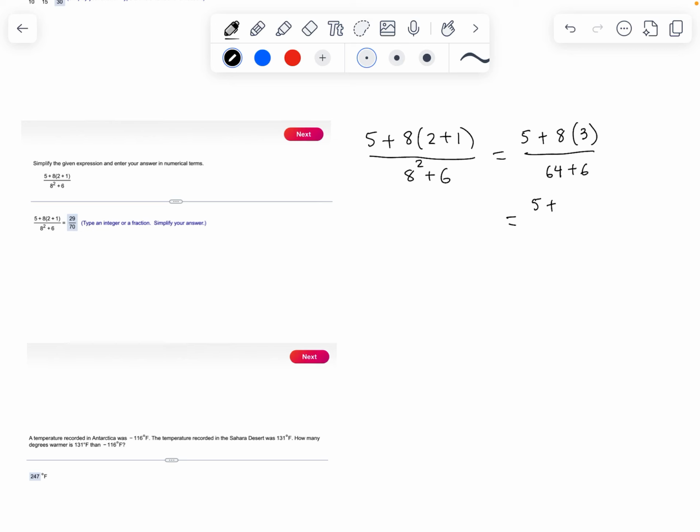Multiplication always comes first. When you have multiplication and addition, you gotta multiply first before you do any addition. So in this case, 8 times 3 is 24. 64 plus 6 is 70. And this will yield 29 over 70.